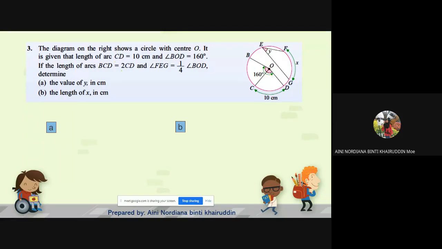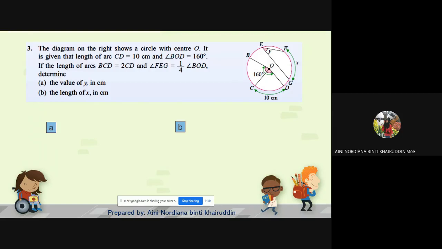If the length of arc BCD equals 2CD, so C is the midpoint, and angle FEG is y equals 1 over 4 BOD, determine the value of y.